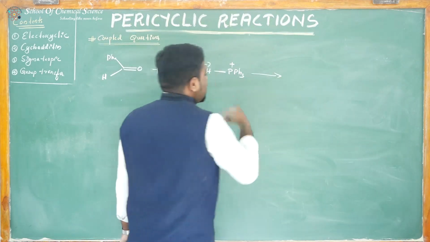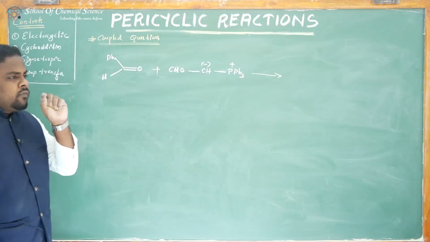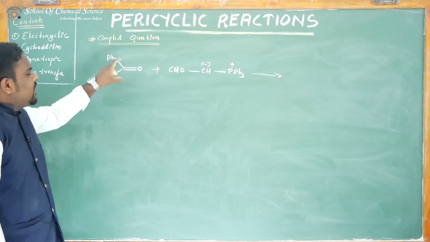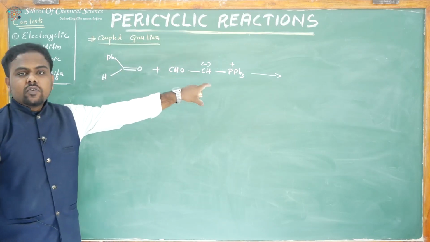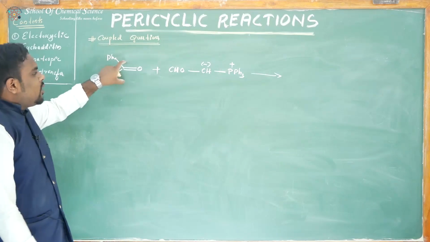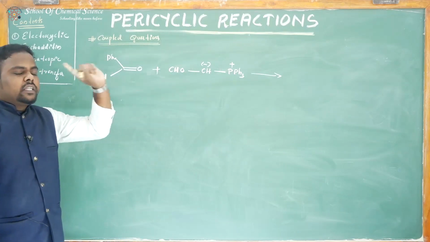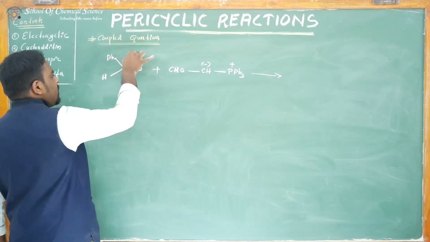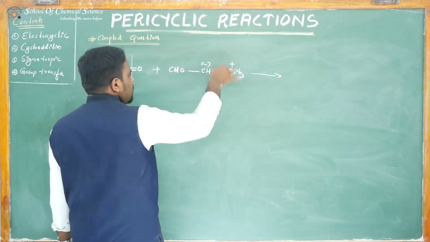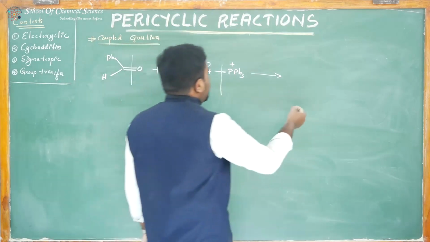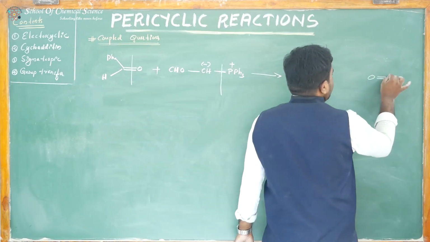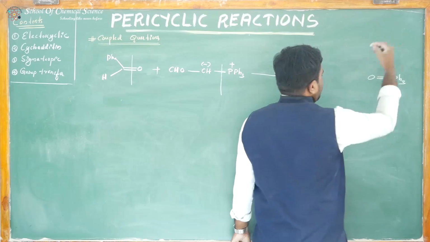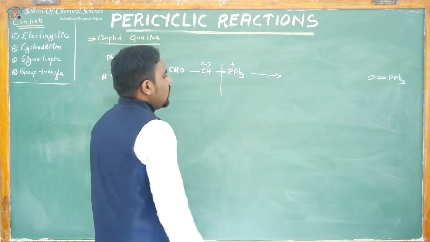What type of reaction is this? Definitely a Wittig reaction. How can you identify it? A carbonyl compound and a phosphonium ylide, definitely that is a Wittig reaction. You can write the product easily. Cut the double bond C=O and PPh3 to form triphenylphosphine oxide, PPh3=O.